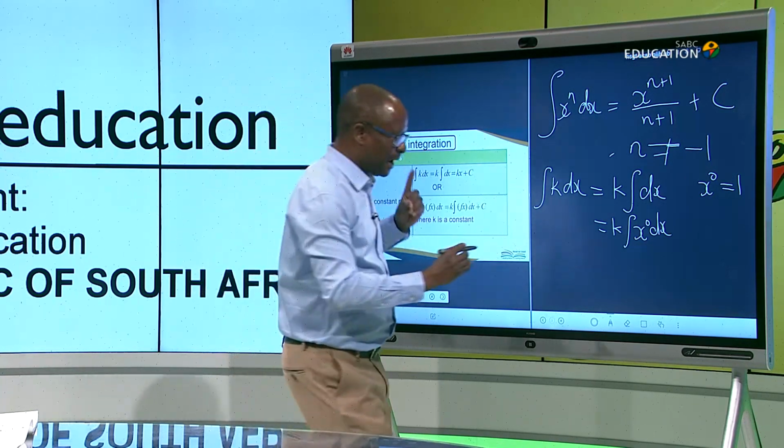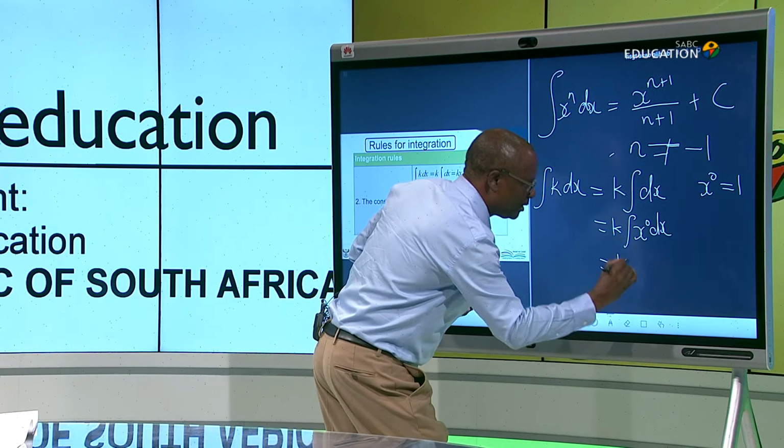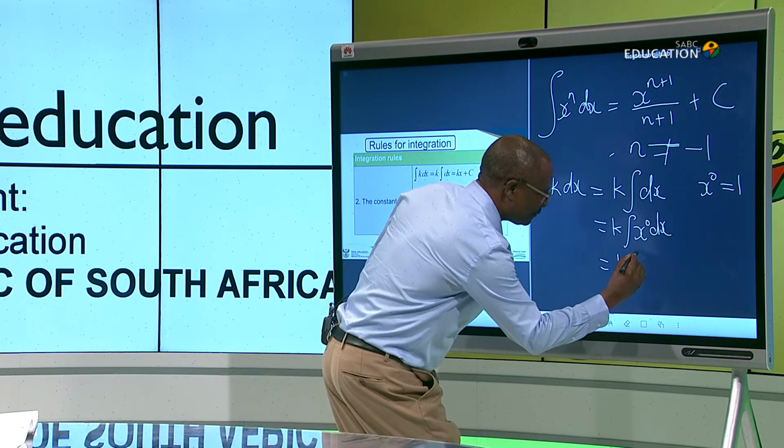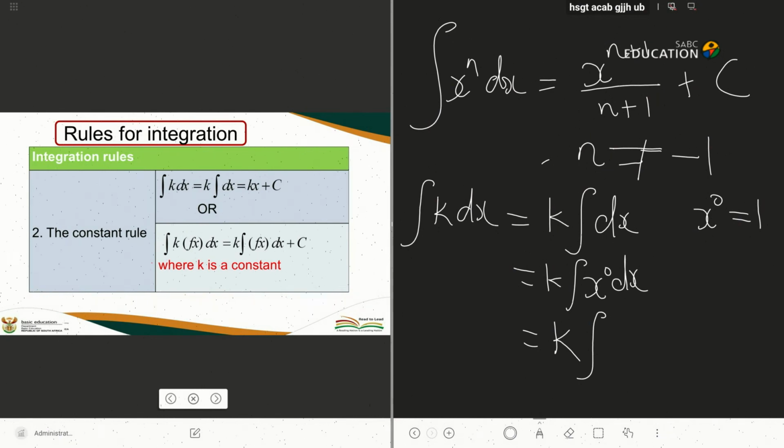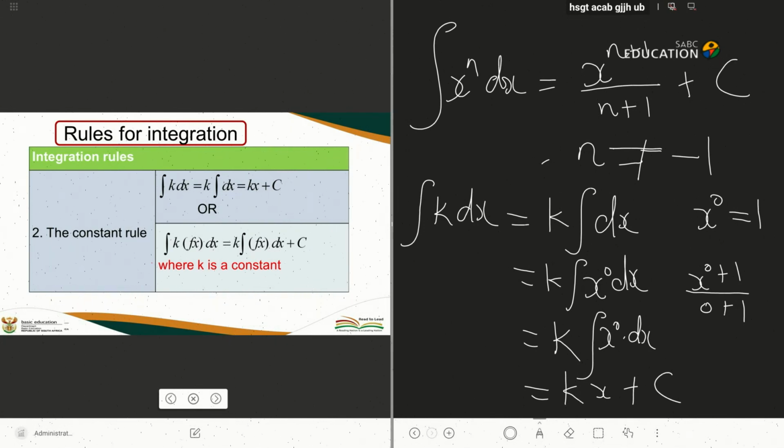This will be equal to k integral of x to the power of 0 dx, so we add: 0 plus 1 divided by 0 plus 1. Then your answer will be kx plus c.